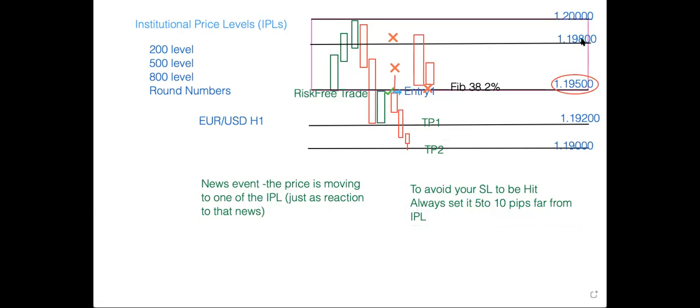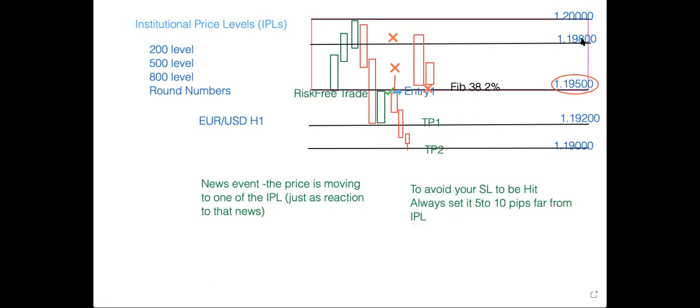institutional price levels, where institutions, big banks, big financial institutions are looking at these areas to enter the markets. So we are using it as entry, as a stop loss, and as take profit, because money is getting accumulated there.